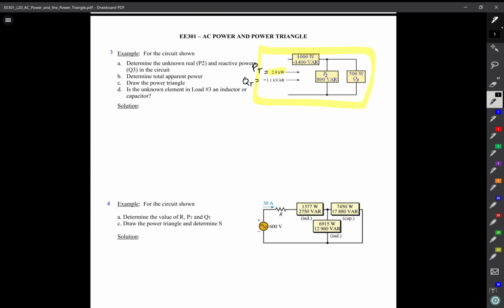What I want to find is the unknown real power P2, because I'm given the other powers but I don't know what P2 is. I also want to find the unknown Q, which is Q3, given the other two and the total. And I want to draw the power triangle, and determine whether this load is either inductive or capacitive.